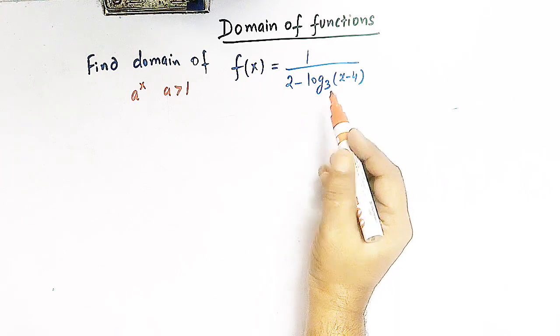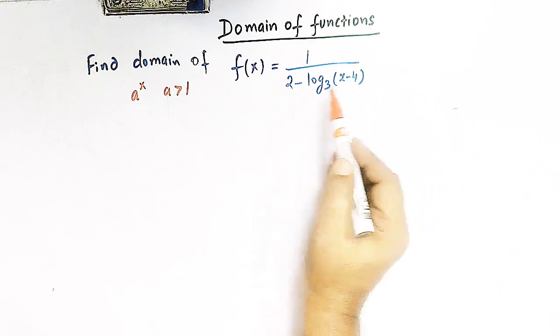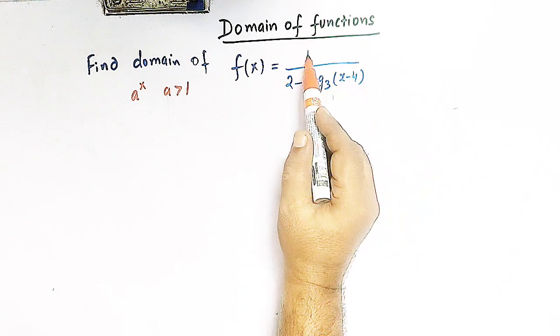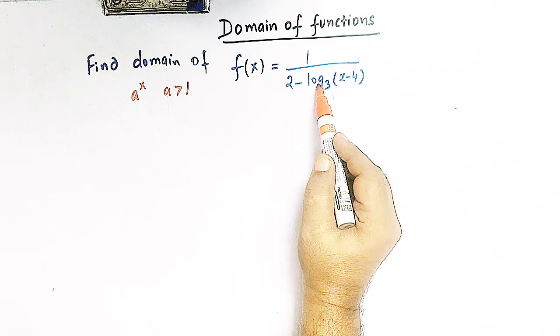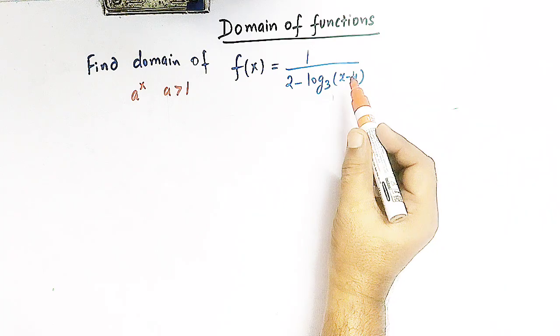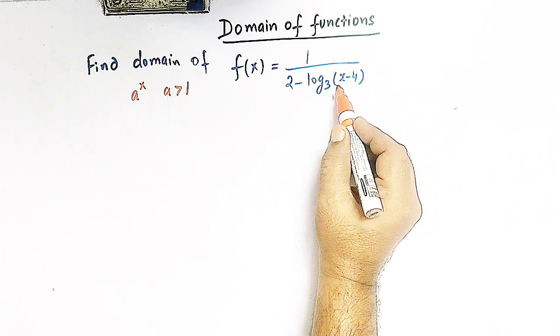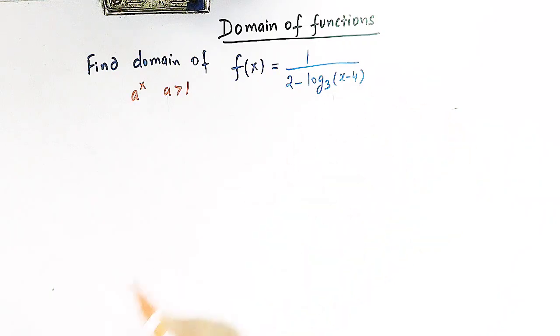We'll start with the expression in the denominator. In the numerator we have 1, and in the denominator we have 2 minus logarithm of x minus 4 to the base 3. The first condition is that x minus 4 should not be negative.